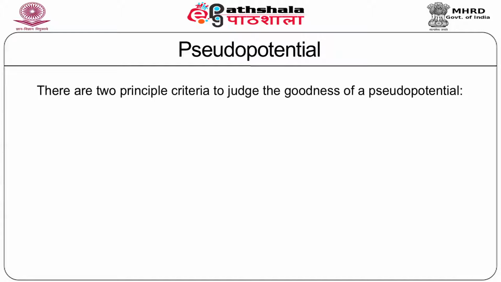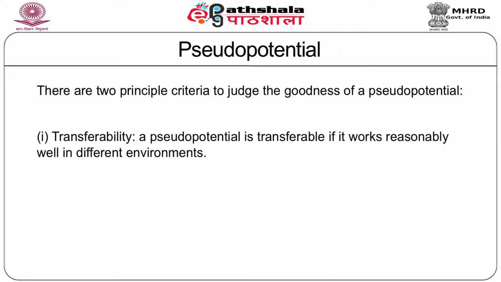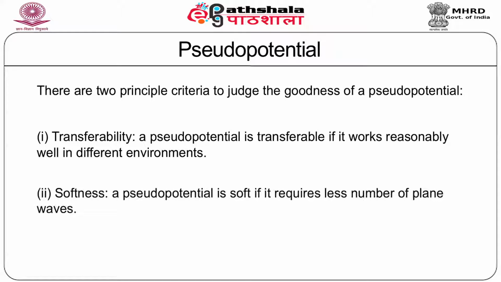There are two principal criteria to judge the goodness of a pseudopotential. One is the transferability. A pseudopotential is transferable if it works reasonably well in different environments. Another is the softness. A pseudopotential is soft if it requires a smaller number of plane waves.